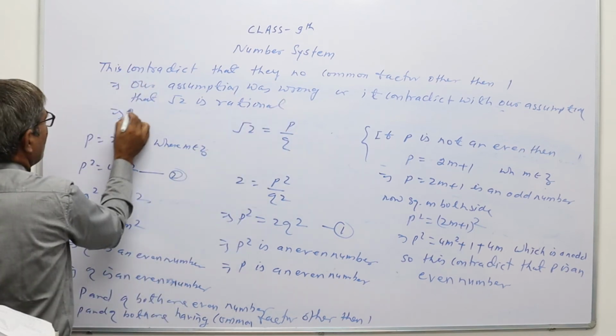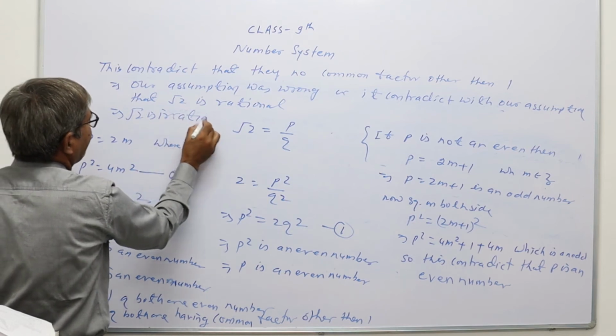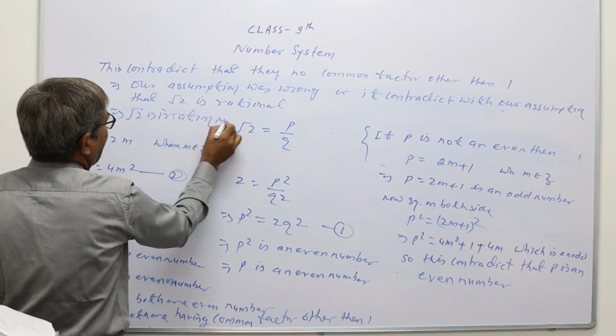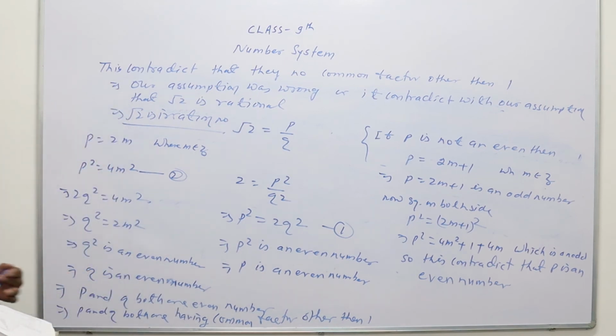This implies that root 2 is an irrational number. In this way, we proved that root 2 is an irrational number.